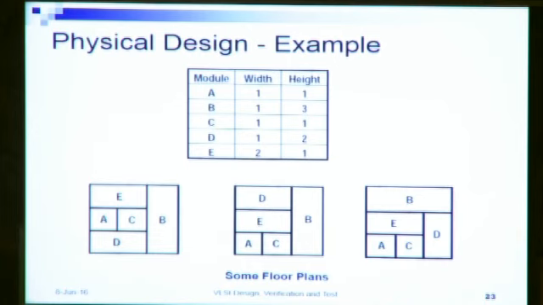So the signal must pass from, say, module A to module B within 3 time units, but the length of the wire connecting module A and module B cannot provide such a timing bound. It requires at least 4 units. So then I have to place them in such a way that the distance between module A and module B is such that the wire length can be reduced, so that the timing specifications can be met.